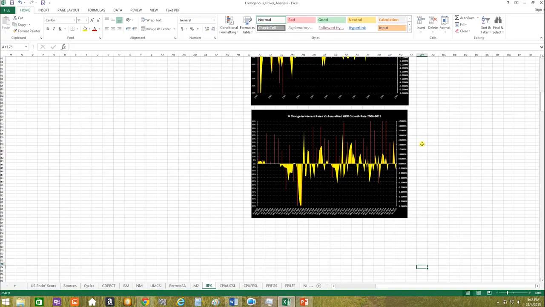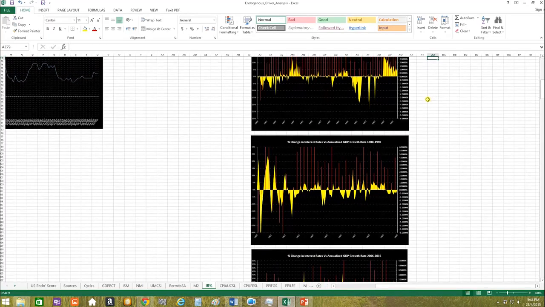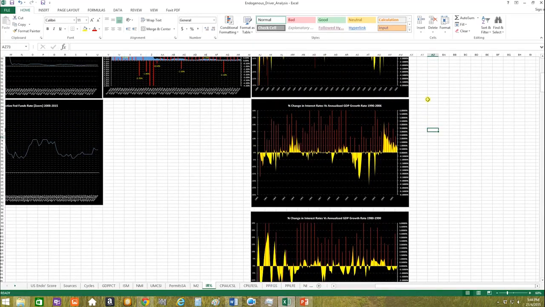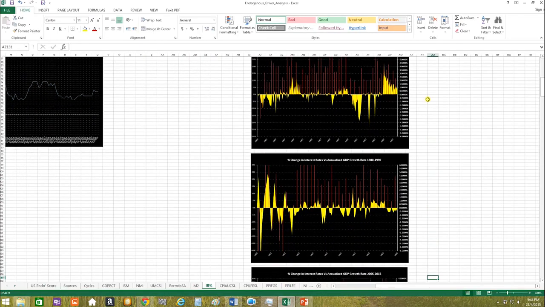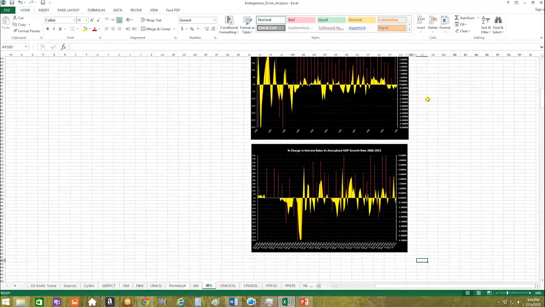And the final period we look at is the period 2006 to 2015, so up to present day, where we're comparing the interest rates on all of these charts, the interest rate changes, the percentage changes in interest rates in yellow versus the GDP growth rates that they're associated with at the same time in red.